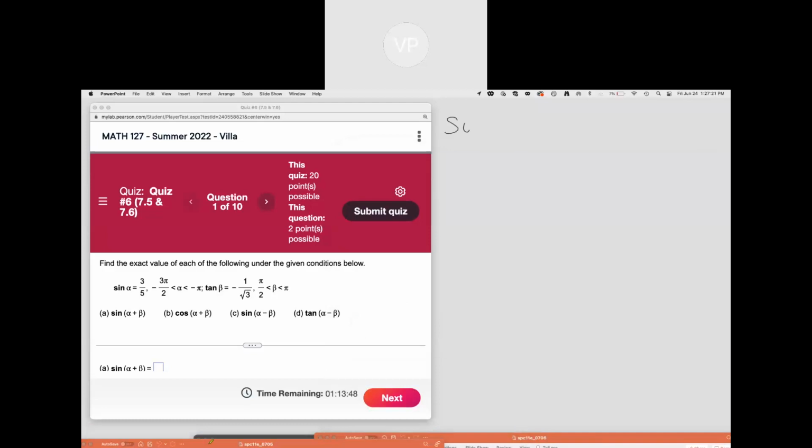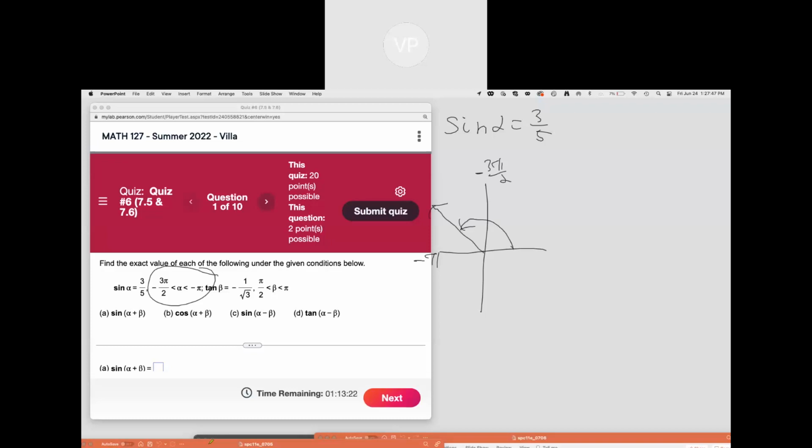So how do we do this first one? I'll tell you where we go. We get sine of alpha equals 3/5, and we got to get a triangle. They tell us our alpha is between -3 pi over 2 and negative pi. So they made this not nice, but here's negative pi. This is -3 pi over 2.